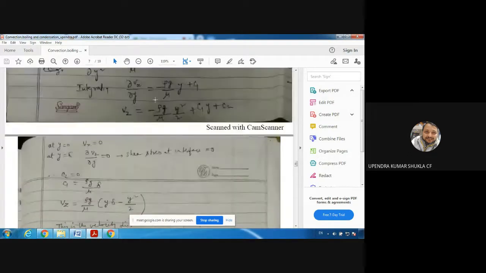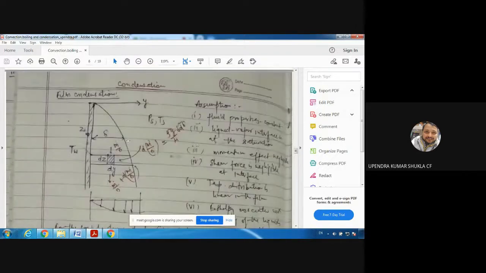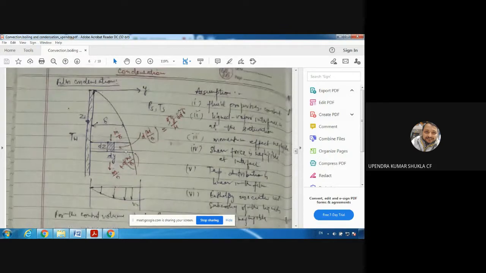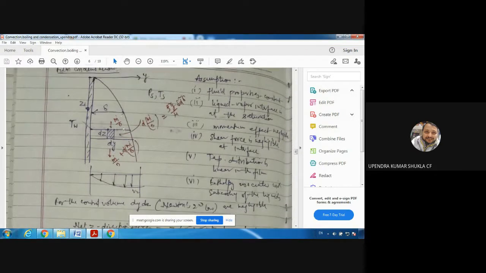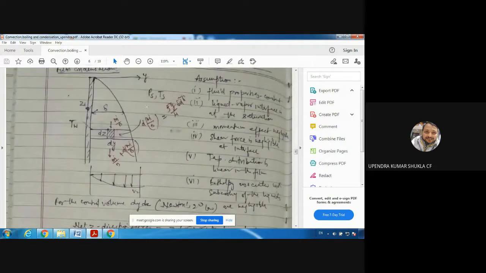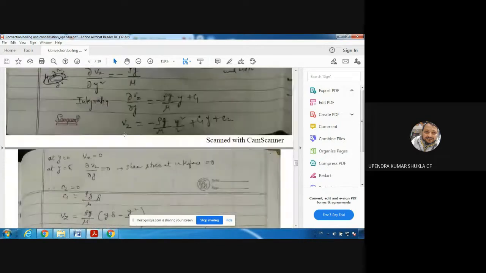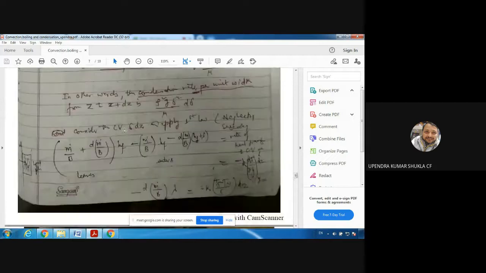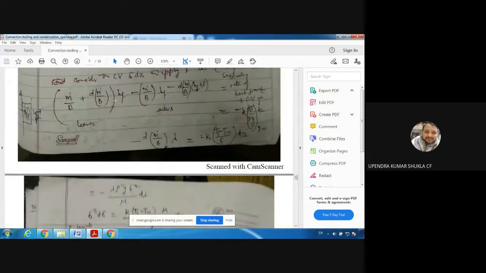Now we are taking the enthalpy of the fluid. Since m dot by b is coming in, you need to multiply the enthalpy per unit mass with this m dot by b, and similarly for the outgoing stream, you just take the product with enthalpy.